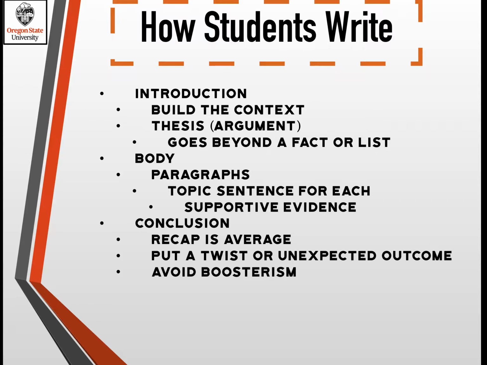This thesis is designed to be an argument that goes beyond just simple listing of a fact that is already known or a list of things. In fact, if you end up with a list in your introduction, what you should try to do is figure out how that list works together in your thesis. What do these 2 or 3 or 4 things tell you about the particular topic that you're covering? So, right, you guys already knew this.